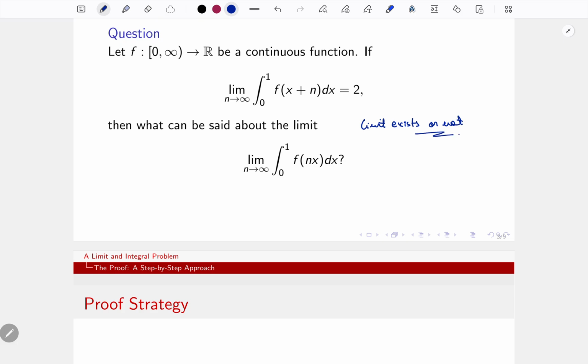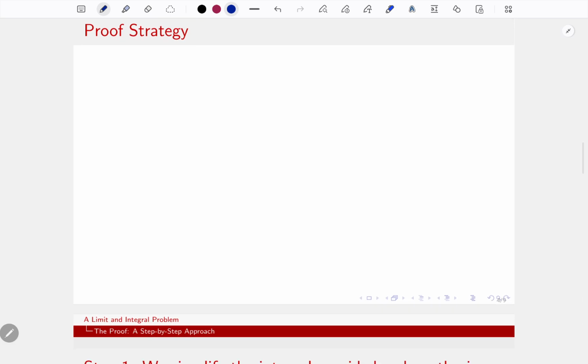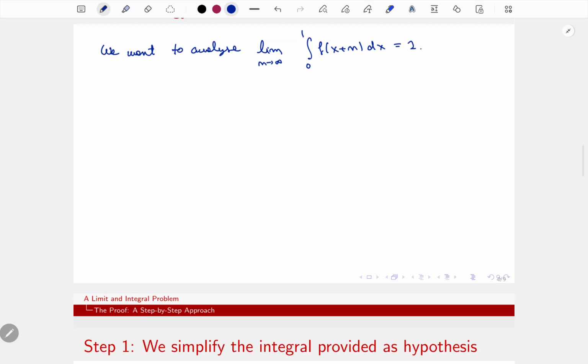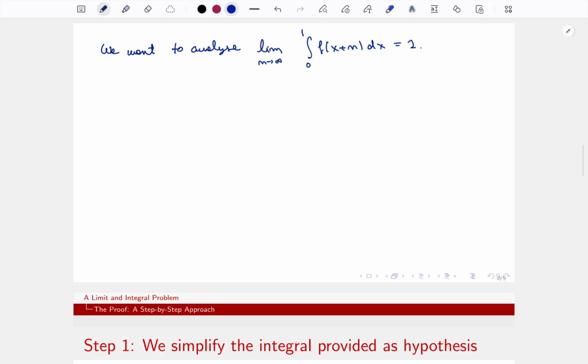Okay, so let us try and analyze. The proof strategy is very simple. We want to analyze the given limit as n tends to infinity of the integral from 0 to 1 of f of x plus n dx, which is equal to 2.